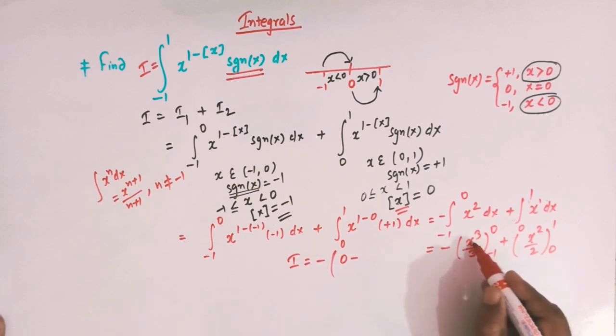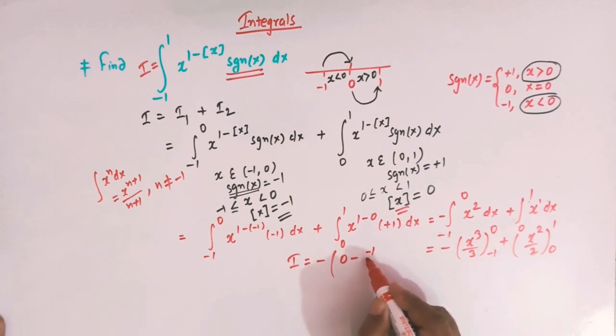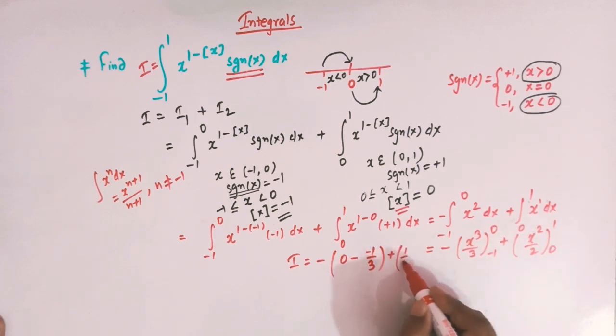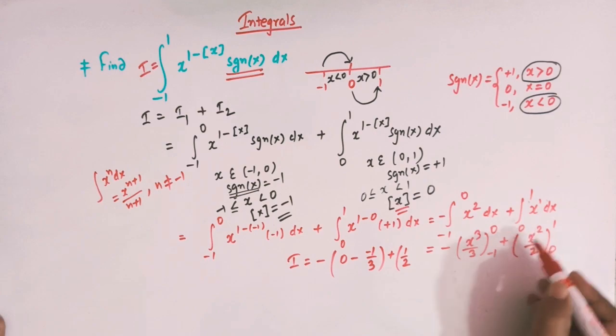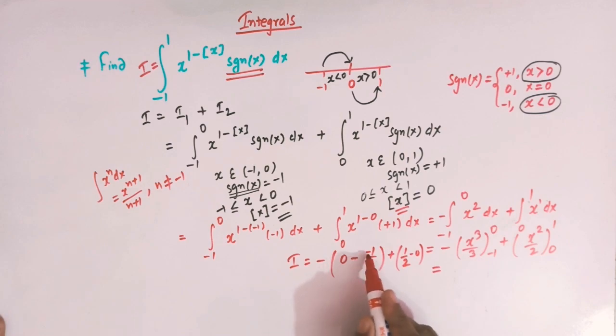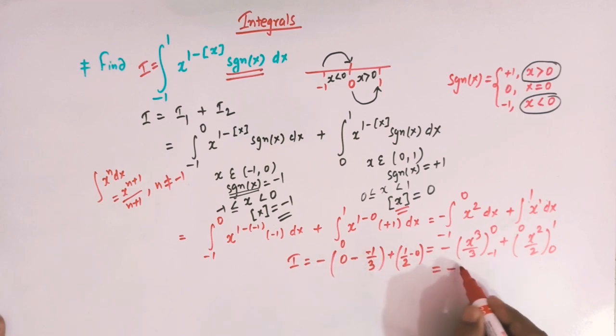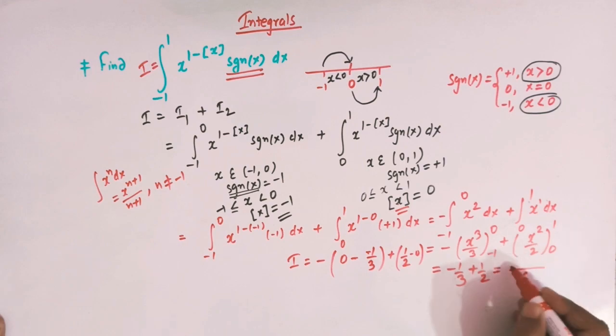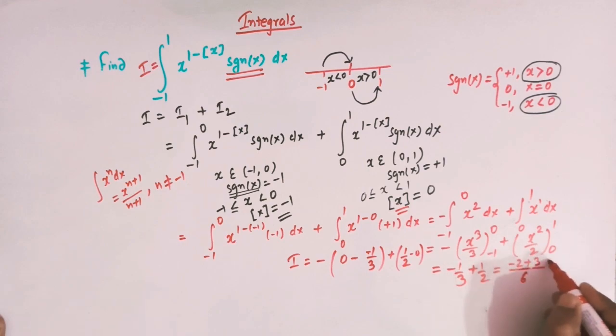When we take x equal to -1, we get -1 cube is -1 over 3, and then 1 square is 1, so we have 1 over 2. The other term is 0. Since minus minus is plus, we have -1 over 3 plus half, and taking the LCM 6, we have -2 plus 3, that is 1 over 6.